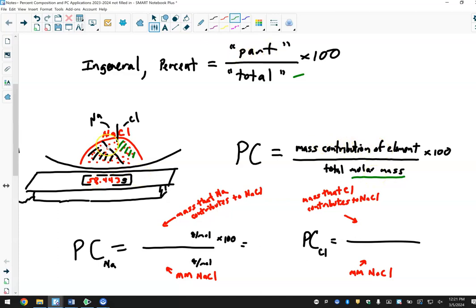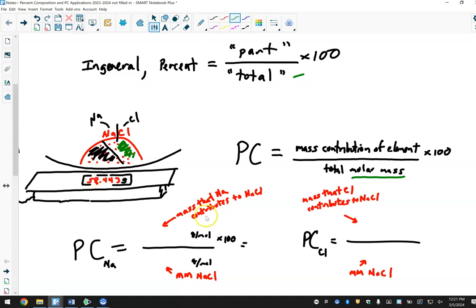Well, it's whatever part that sodium brings or the part that chlorine brings to the molar mass of the compound. And you see here, this says in red, this is the mass that sodium contributes to NaCl. That's the numerator. And the numerator here will be the mass that chlorine contributes to NaCl. And the total molar mass we know then is 58.443 because I told you.